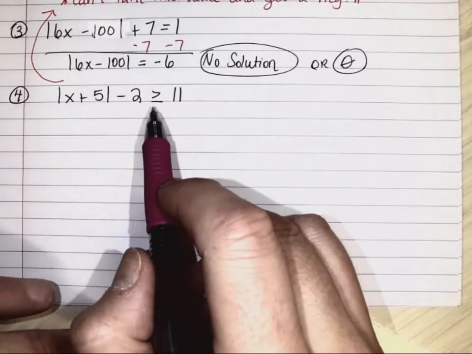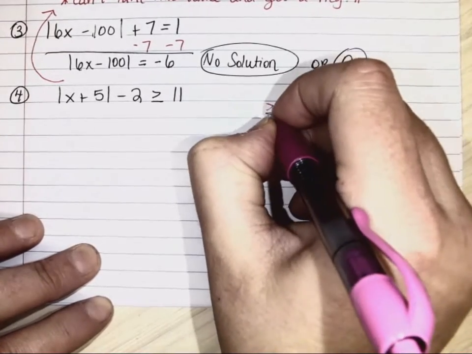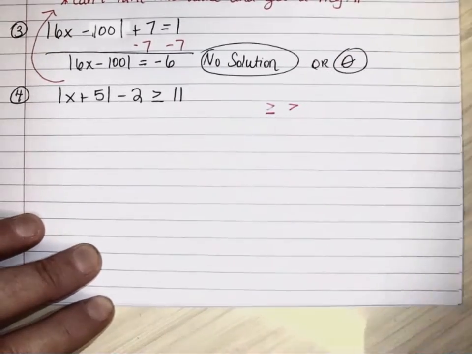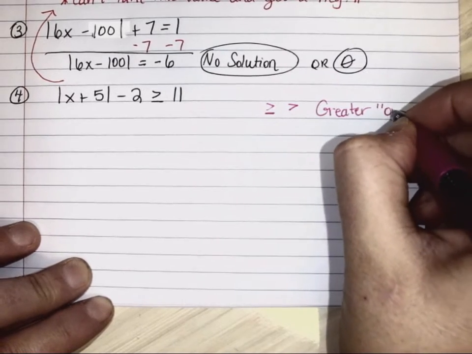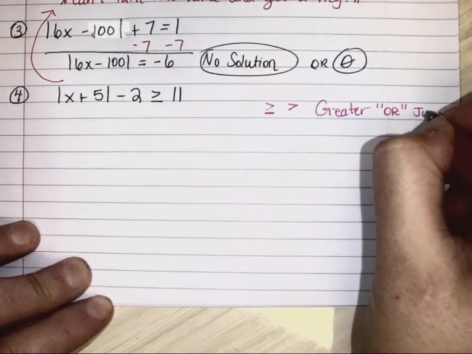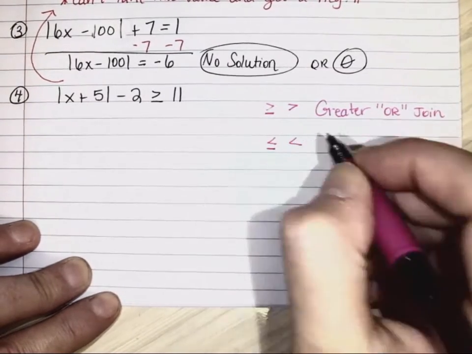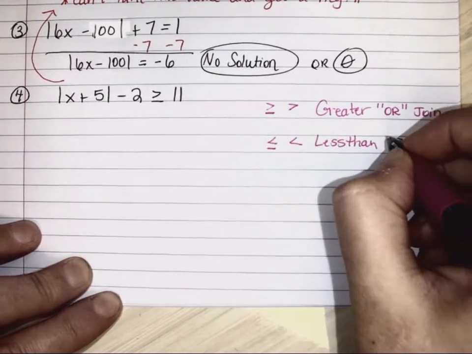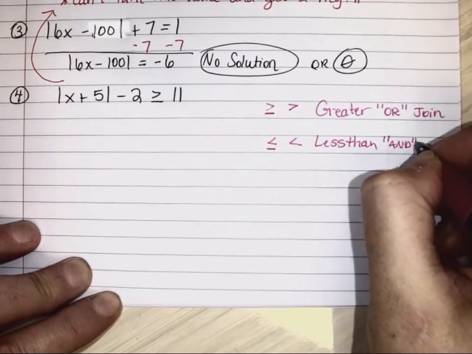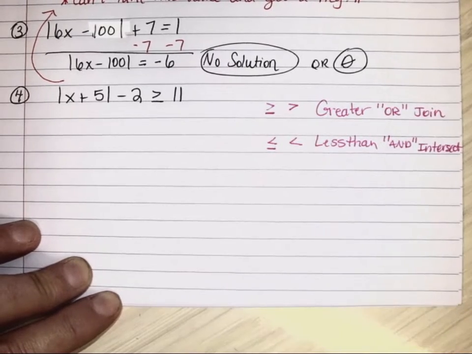If it's greater than or equal to, or greater than, that's greater. Think about or: greater, or, so we're going to join both solutions. If it's less than or equal to, or less than, that's less than and: less than, and. That's and, and you're going to find out where the answers intersect.